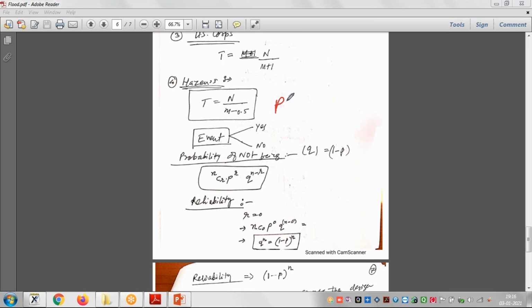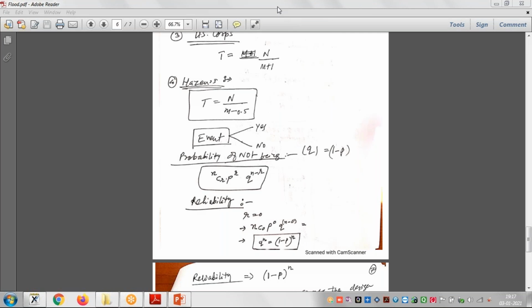Probability of not being occurred means the chances that the flood will not come.